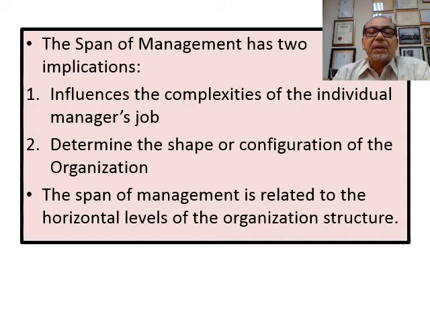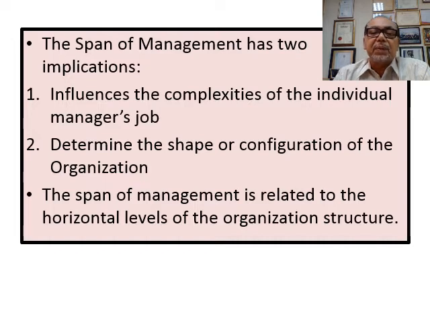So it depends on the product they need to produce and the number of workers under them. Yeah, so it's a different shape, different configuration. One head can control a span of 30, but some maybe 20, some maybe 10, depends. So it's not standardized. The span of management is related to the horizontal level of the organization structure.